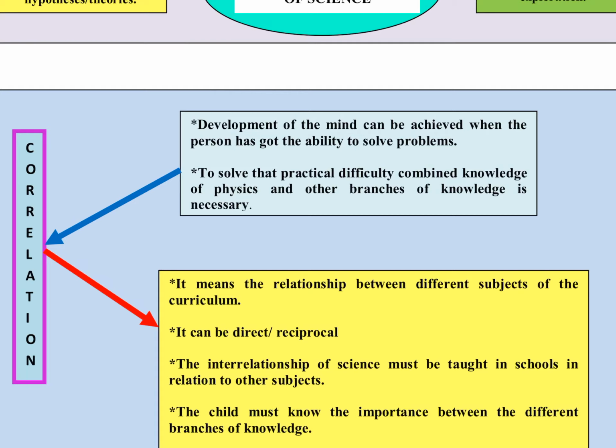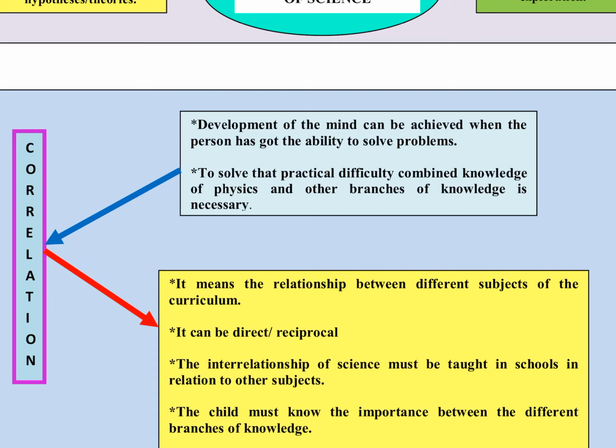And also to solve practical difficulties, combined knowledge of physics and other branches of knowledge is very necessary. One single science discipline cannot solve all the problems. So a science has to depend on another science.